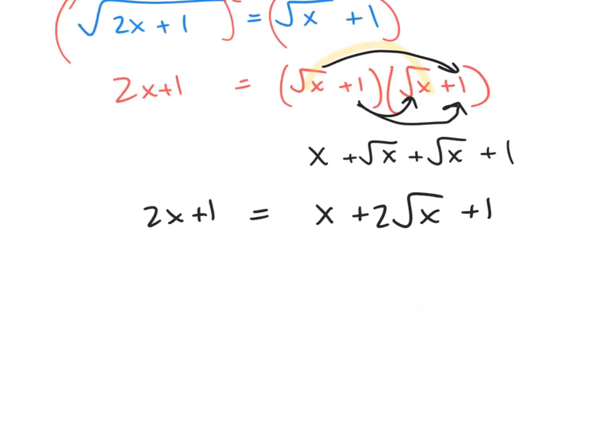And what we will do here is attempt to now get this square root isolated. So I'll do that by subtracting x and subtracting 1 from both sides, then dividing both sides by 2.